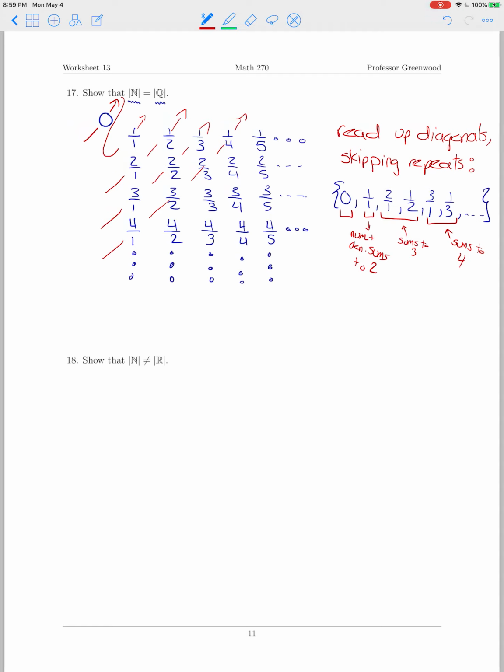And so, except for the negatives, this list hits each q greater than or equal to 0 exactly once. And it's not a big deal to deal with the negatives because I could just insert the negatives in between all of the positives.